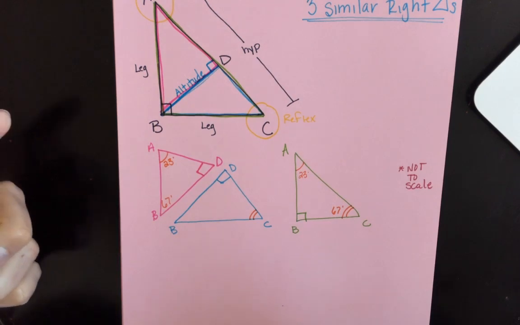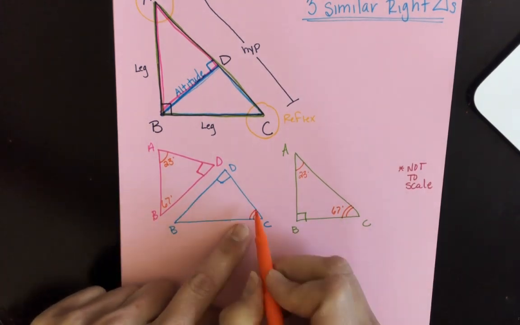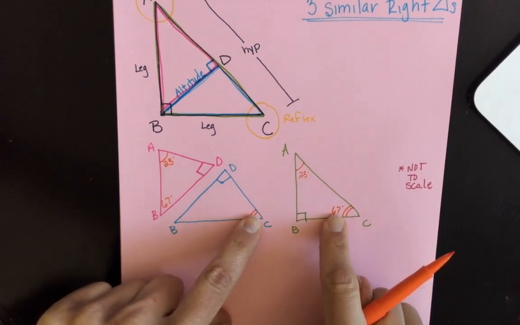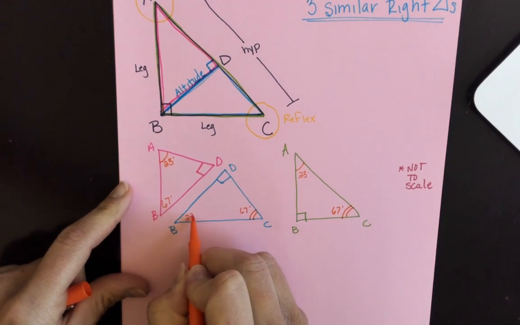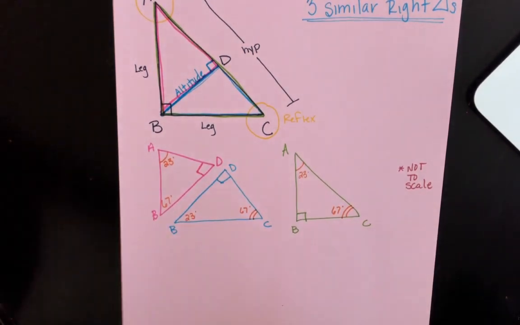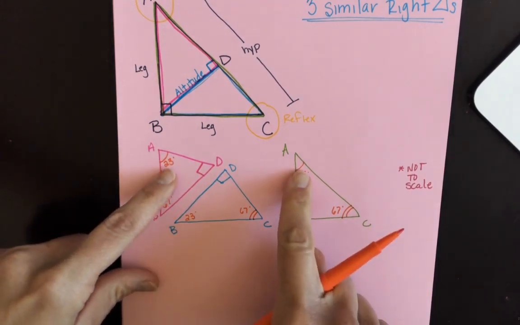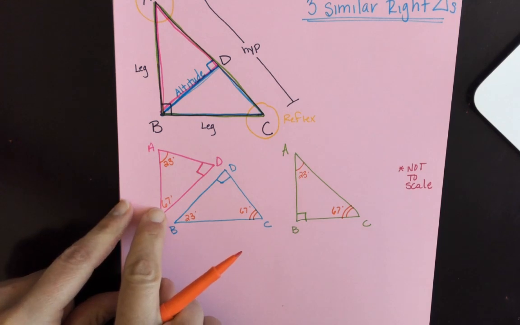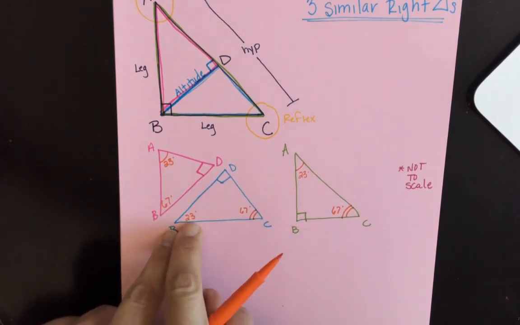Happens here, and we just never noticed it. Well, the same thing here. If this guy was 67 degrees, the only other measure it could possibly be over here is 23. And I could have done any angle measure. But because these 90-degree angles are already going to exist there, these reflexive angles make that complement appear.